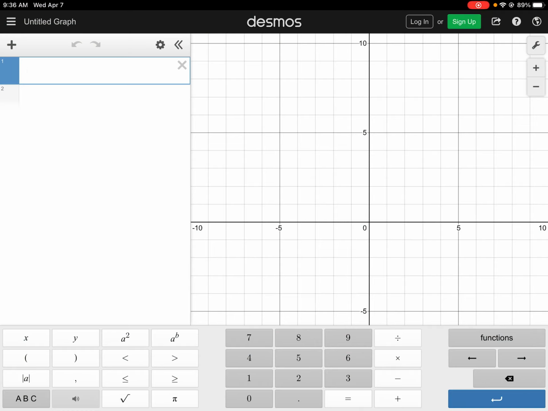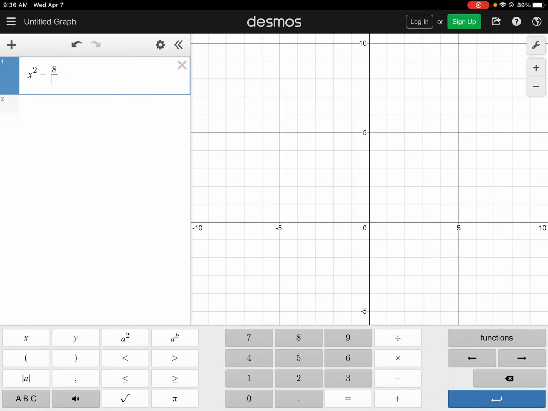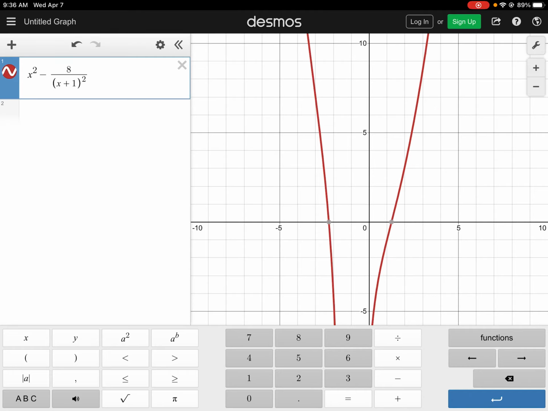Okay, so we're going to put our function in: x squared minus 8 divided by x plus 1 squared, and we're going to graph it.